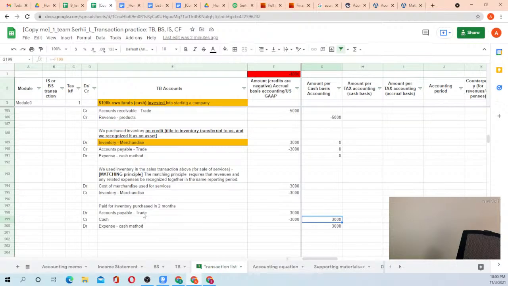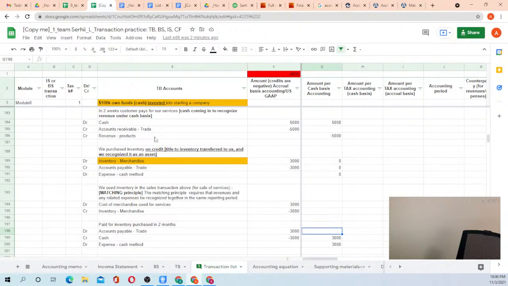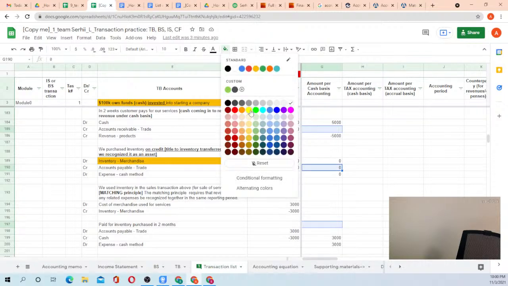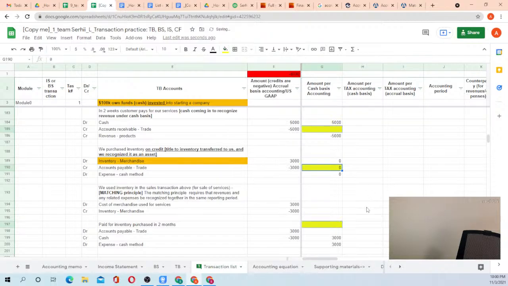Respectively, you can see that you never use trade accounts payable and accounts receivable for the cash basis. These are always zeros under cash basis.